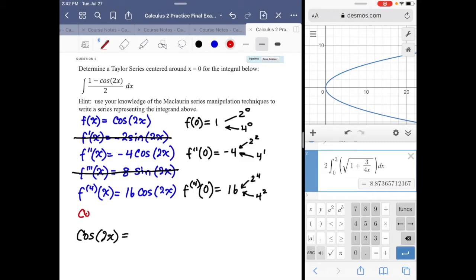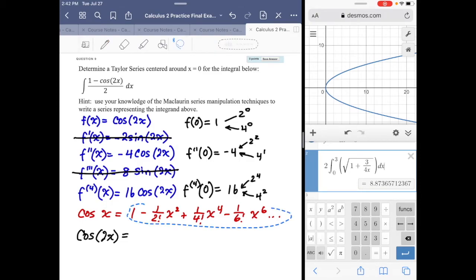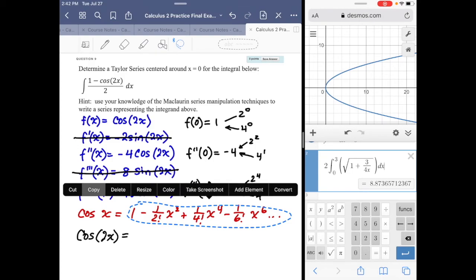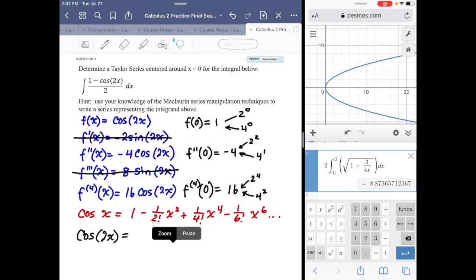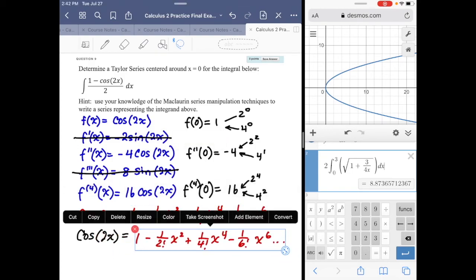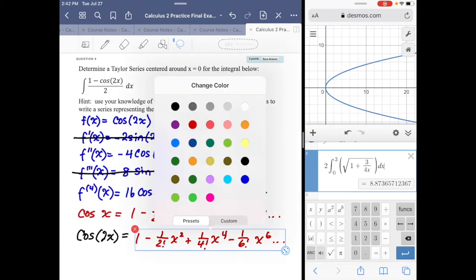Cosine of x would be equal to 1 minus 1 over 2 factorial x squared plus 1 over 4 factorial x to the 4th minus 1 over 6 factorial x to the 6th, and so on, just knowing that our numerators are about to change. Denominators are going to remain the same, so you can kind of steal some of that. Still centered around 0, so that makes it a little nicer.